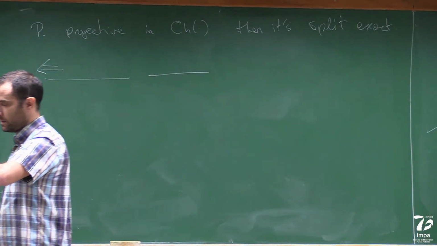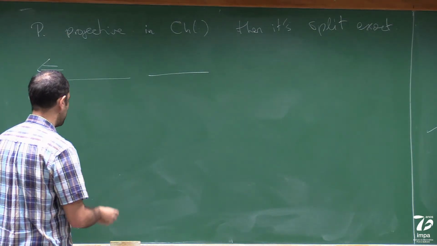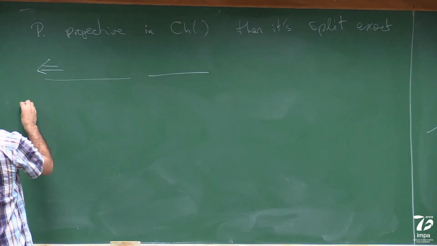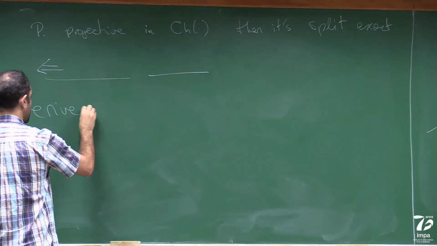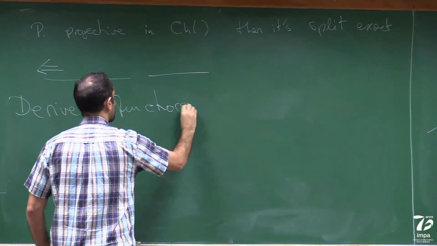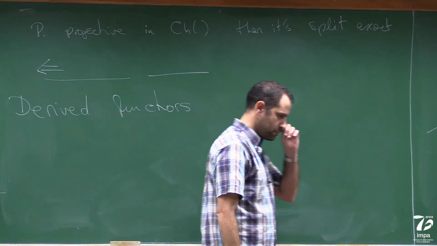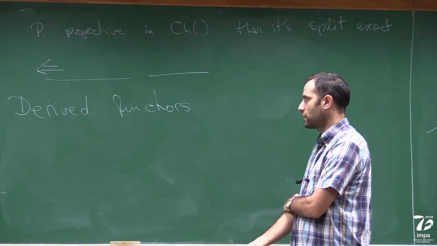And there's not much that we're going to do today. So let me tell you what we'll start doing today. We'll talk about derived functors. I'm not going to do much, I'm just going to define them in the case where we have enough projectives. I'm going to state a couple of things.